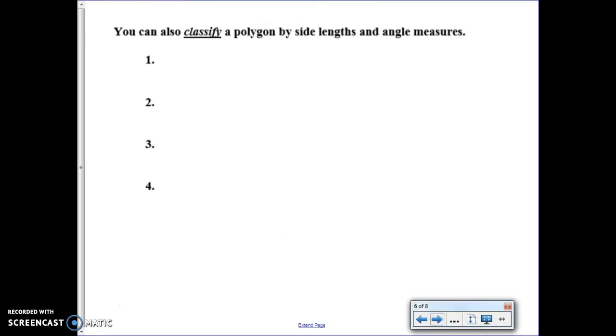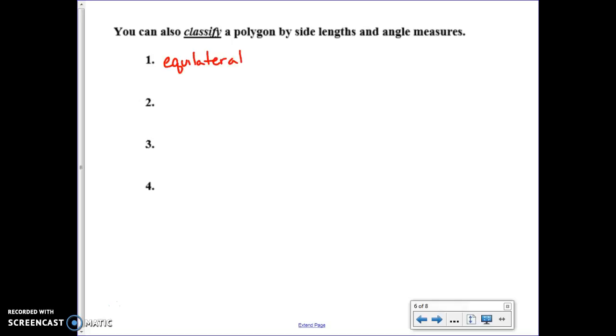Okay, so you can also classify a polygon by side lengths and angle measures. When we classify by side lengths, if all of the sides are the same, we call it equilateral.